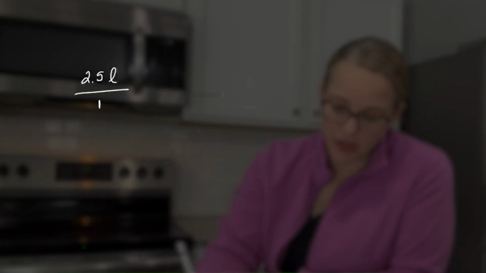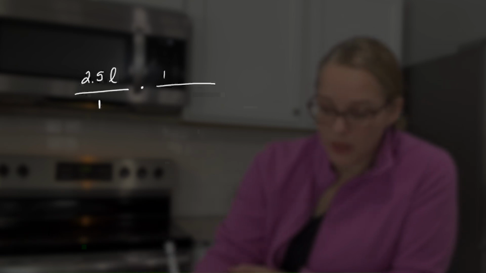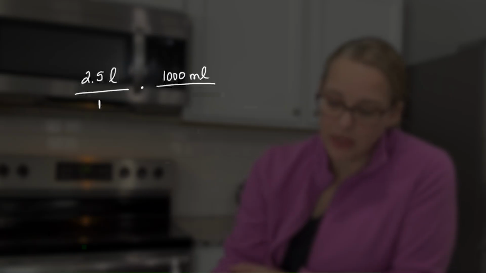So we put what we're given over 1, then we multiply. And what's our conversion factor? Somewhere in there, there's 1,000 milliliters. That's right. Your 1,000 milliliters goes on the top because we want to end up with milliliters. So that's going to go on top. And then what goes on the bottom? 1 liter. Right. 1 liter.